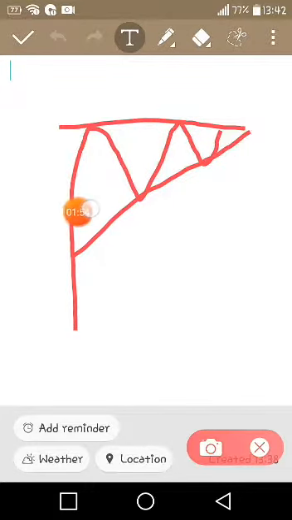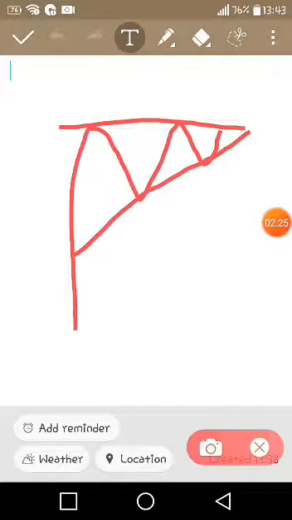Now the first condition for your ascending triangle: the top must be horizontal, not bending, not slanting, horizontal. This is not clearly horizontal, but just have the idea. It must be horizontal, and the trend line below must be ascending. So you see price move, when you see two touches, you draw a trend line.